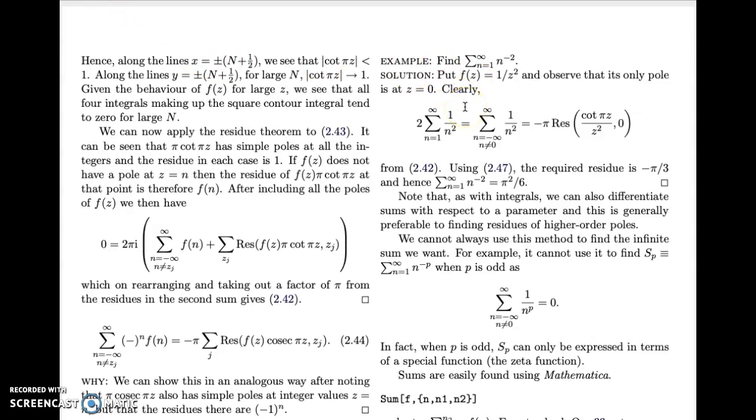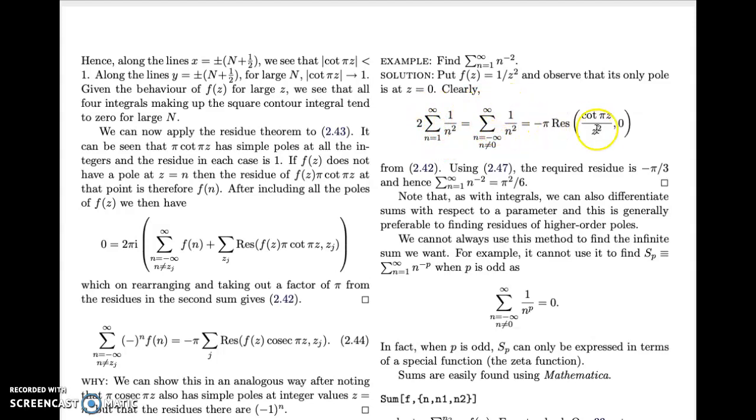So you have to be careful. We're asked for the sum from 1 to infinity, but the formula gives us minus infinity to infinity. Realize that it doesn't include n equals 0 because there's a pole there. So in fact, twice the sum we want is equal to the sum we get from the formula.